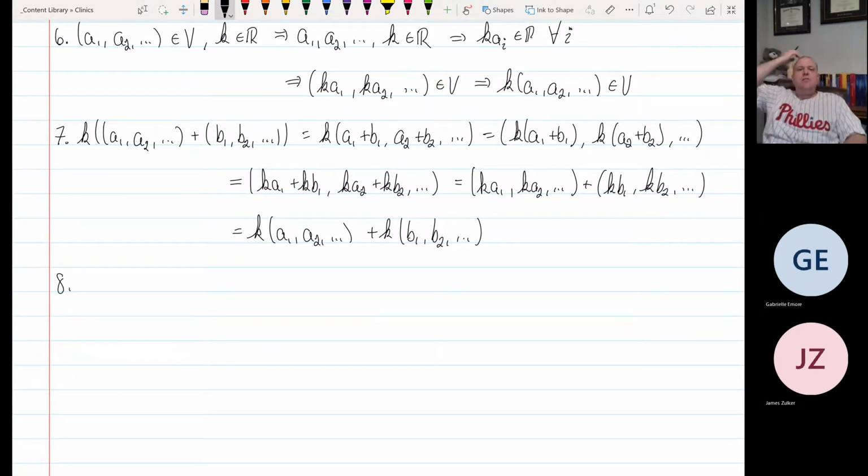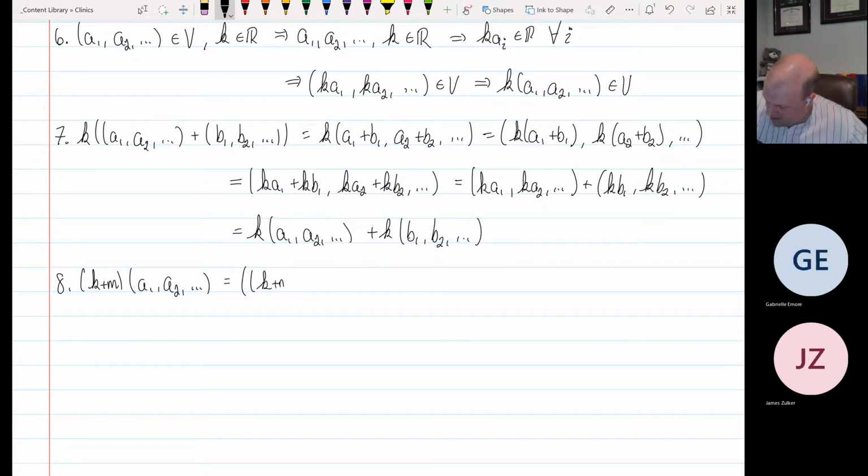Now we have to show that scalar multiplication also distributes across regular addition. And so by definition of multiplication, this is what we get.